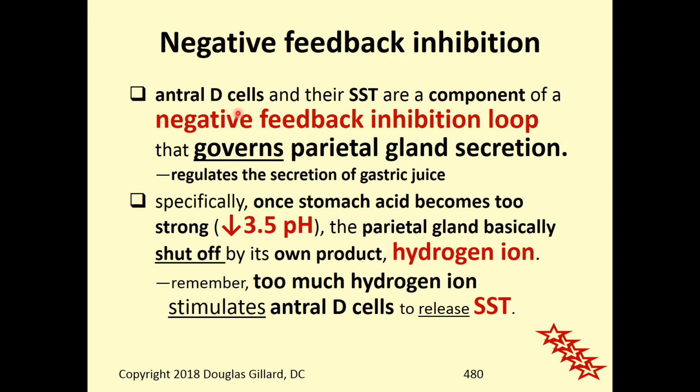So antral D cells, not fundic or oxyntic D cells, and their SST are an important component of this negative feedback inhibition loop, which governs parietal cell secretion. Again, once the stomach pH is 3.5 or lower, it stimulates the production of SST.